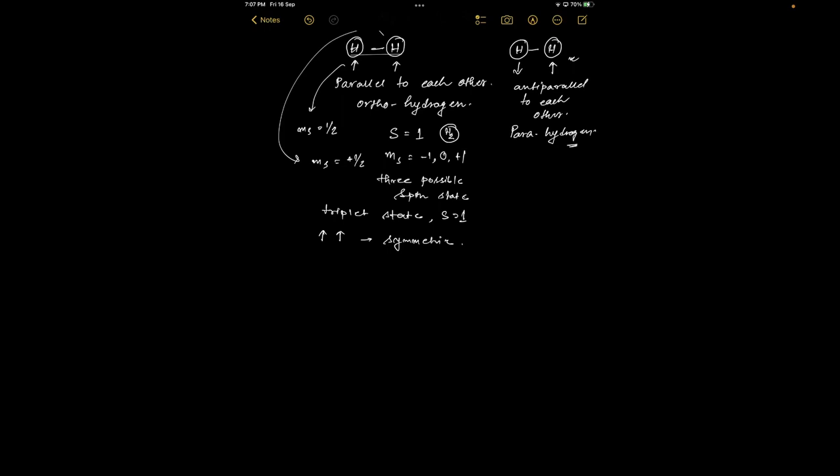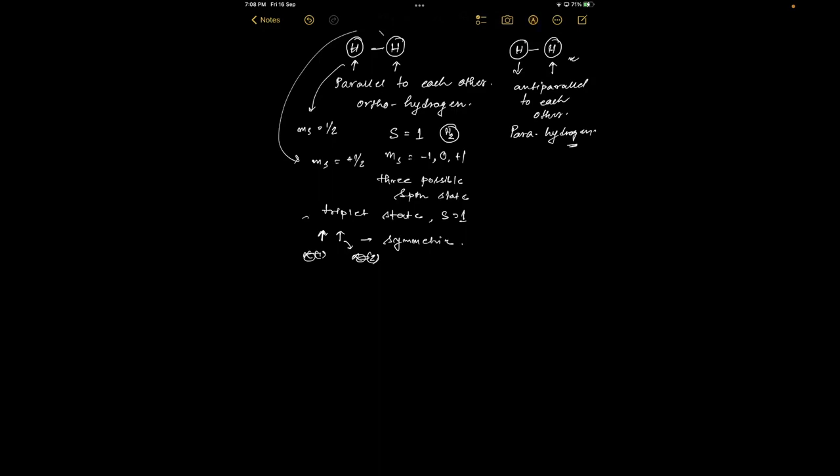Let's call this spin alpha 1 and this spin alpha 2. So the two spins are parallel to each other, which means they are symmetric to each other.